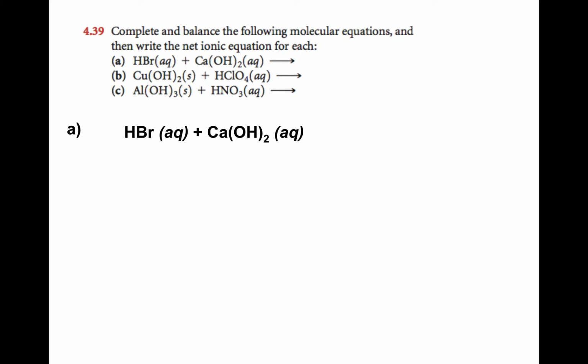So looking at the first one, we have 2 aqueous compounds. The H gets transferred from the hydrobromic acid to the calcium hydroxide to form water. All right, so the H goes on the hydroxide, and now you get H2O. Calcium ion and the bromide ion are the cation and the anion left over.